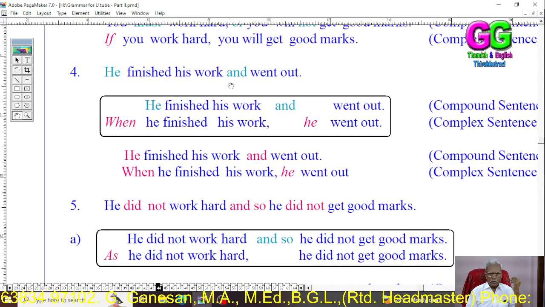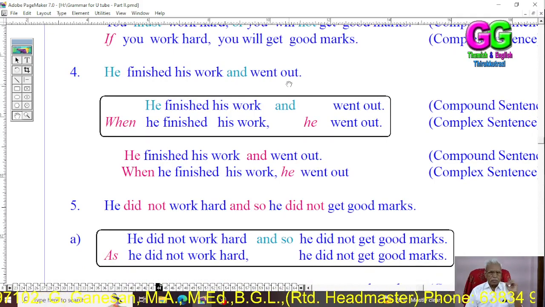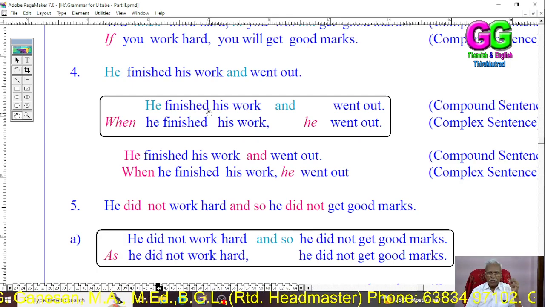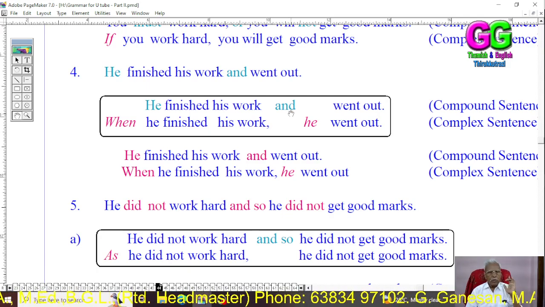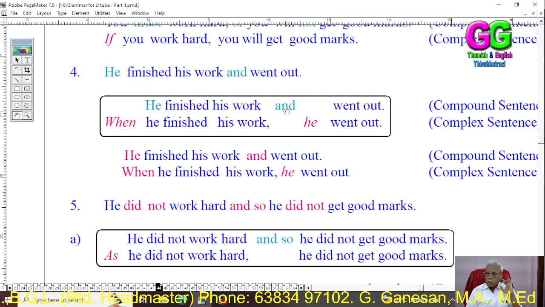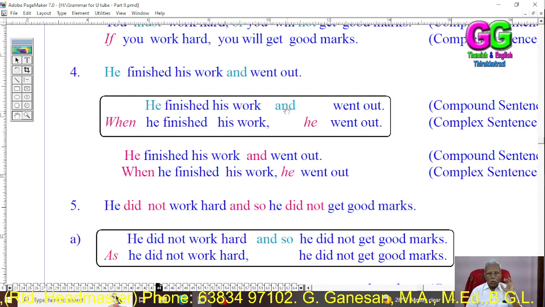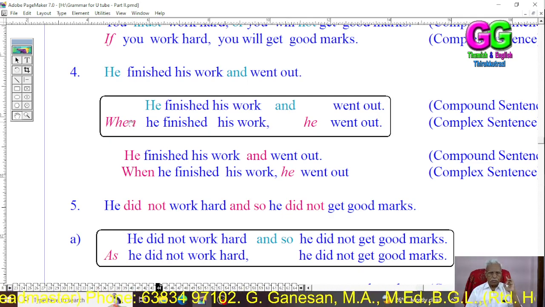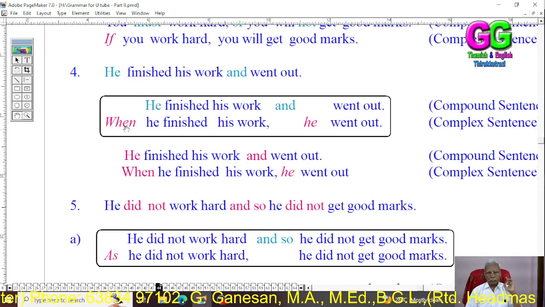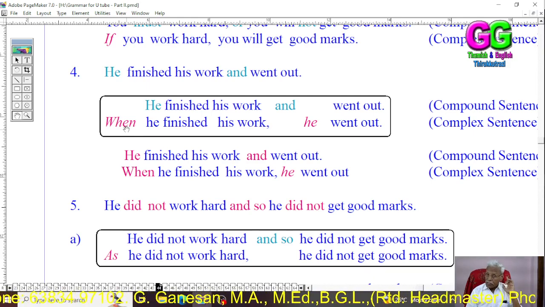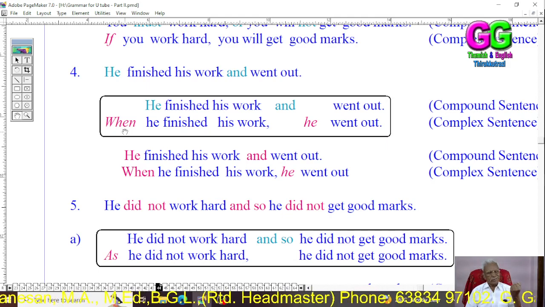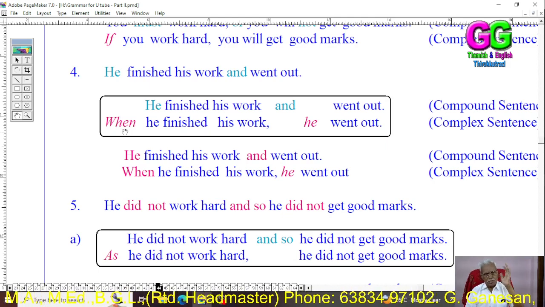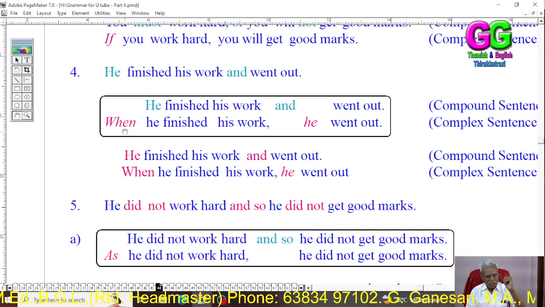He finished his work and went out. It is a time clause. It refers to time. He finished his work and went out. One of the complex conjunctions of time clause is 'when'. When, while, after, before, until: these are the complex conjunctions of time clause.